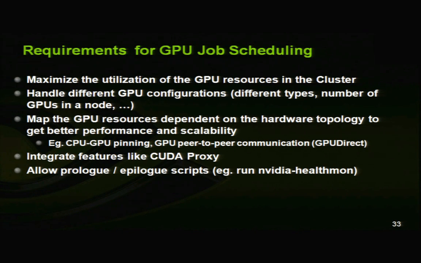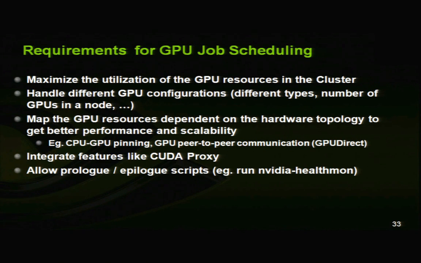What's more and more important is the mapping of the GPU resources depending on the hardware topology. In order to get better performance, CPU-GPU pinning is important, or also GPU peer-to-peer communication via GPUDirect. It is very important to have the right combination of GPUs which are communicating.